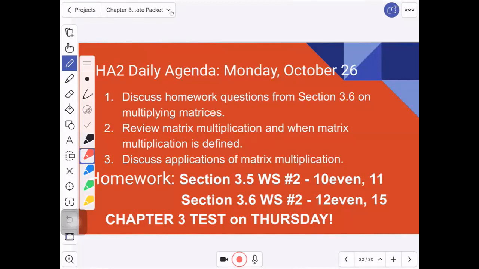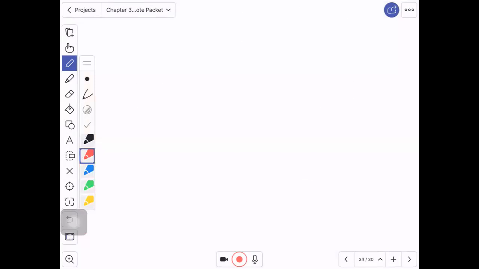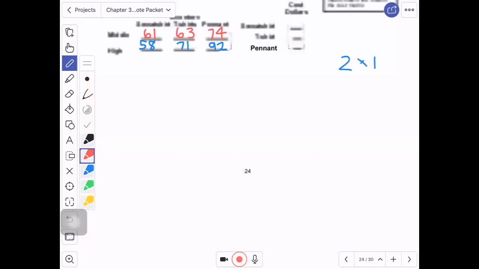Make sure you notice that the test on chapter 3 is on Thursday. We have one more section to cover tomorrow. We have about 13 minutes for you to get started on this homework.